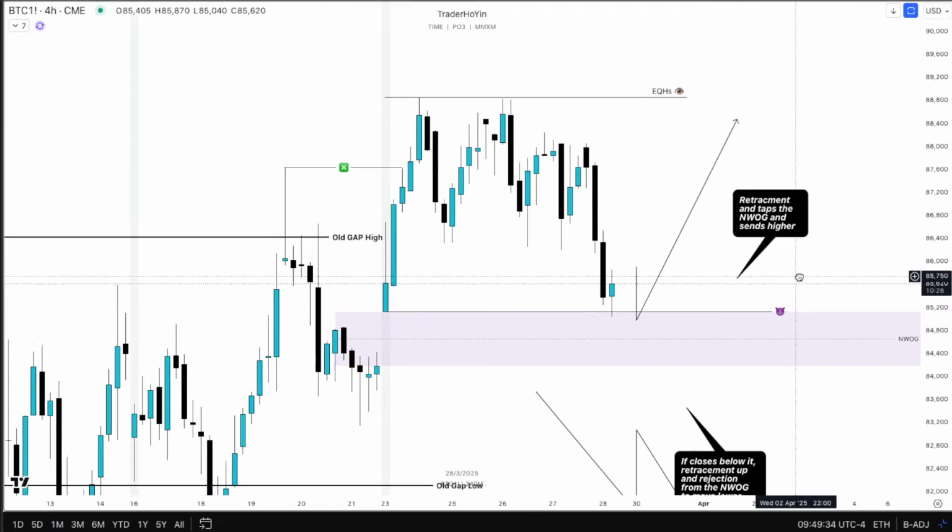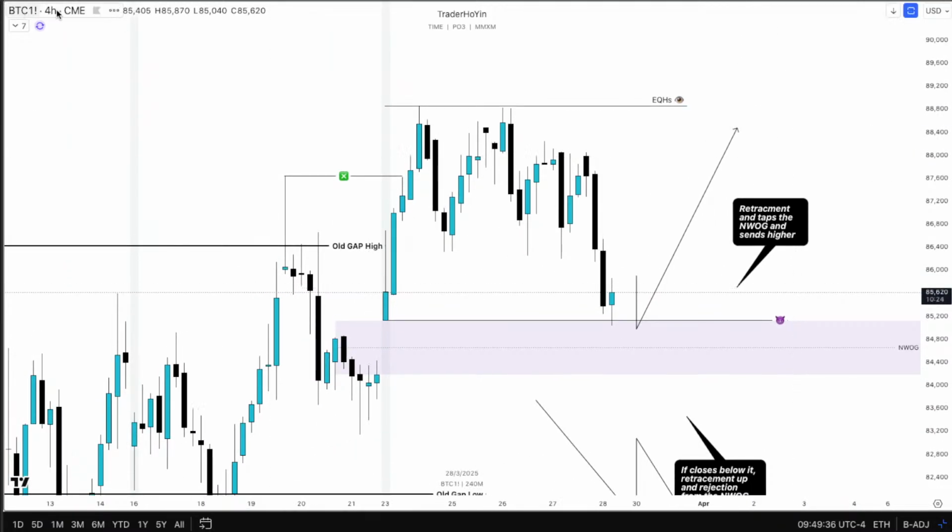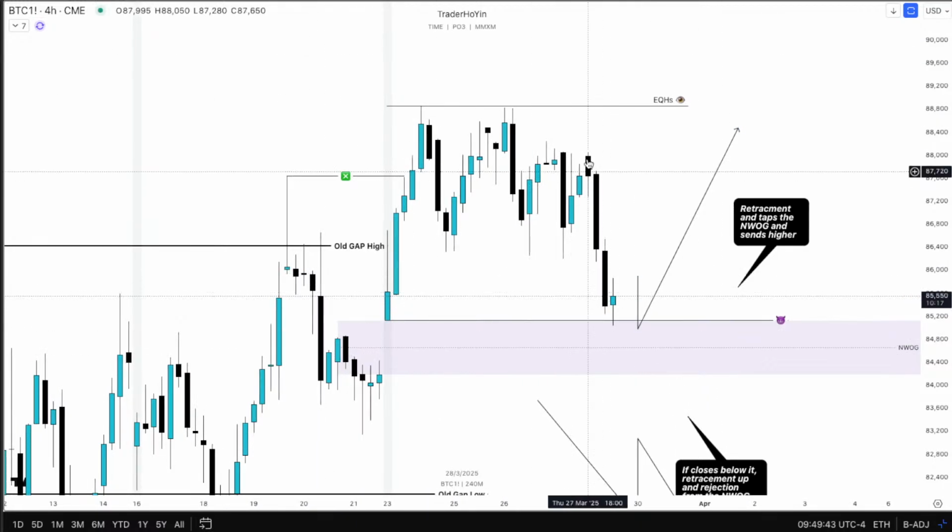And for BTC, like I said, you need to pull up the BTC CME futures chart and look at this price action. I said before, there's a sell mark here and a gap here. Price will likely trade all the way back and tap the gap.